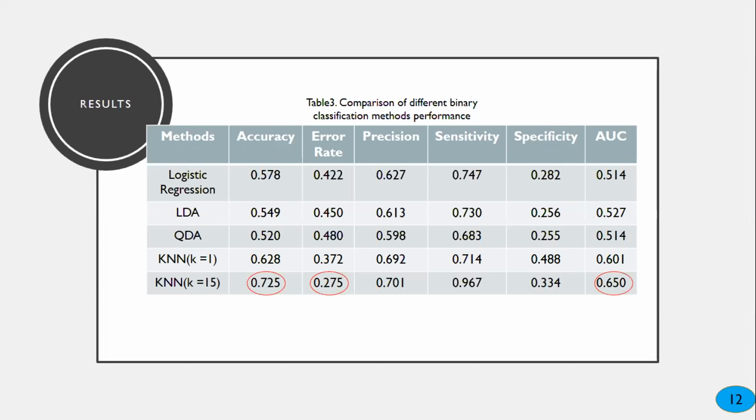My sample size was 204, so the square root of that is 14.3. So I used 14, 15, and 16. And then I realized that K equal to 15 gives me the best performance for these classification methods.